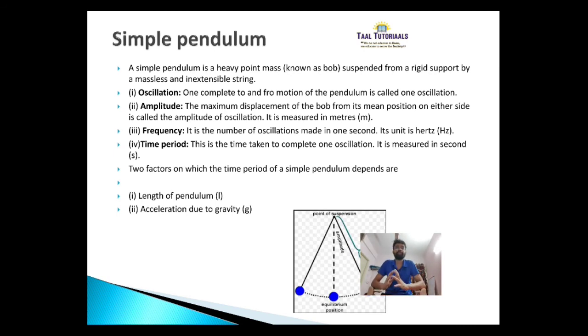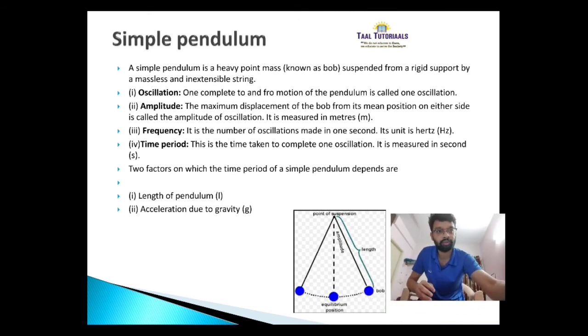A simple pendulum is a heavy point mass, which is known as the bob. You can see in the diagram, suspended from a rigid support by a massless and inextendable string. Here is a question I am asking you: a pendulum clock which we see, is it a simple pendulum?